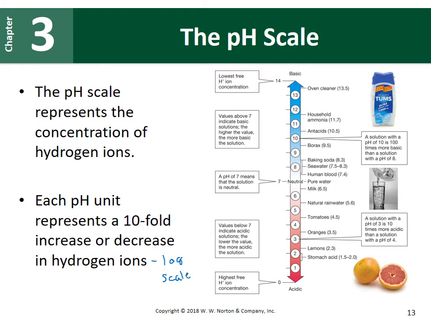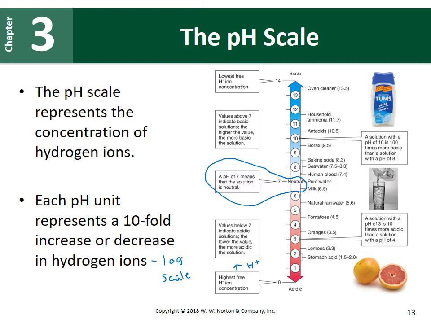So if we look at the pH scale over here, in the middle we have a neutral pH, which is set at 7. And this is pure water. If we go below 7, these are acids. So these are substances that have high hydrogen ion concentration.